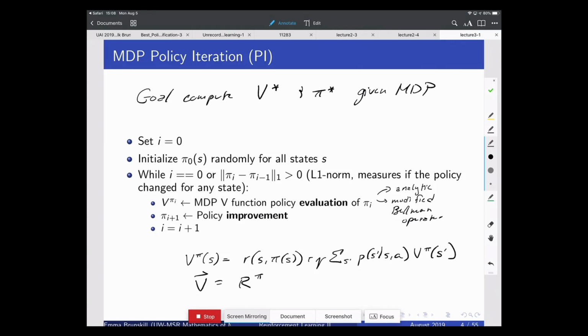So if you think about your reward as being a matrix of states and actions, if you select the columns that are associated with the policy that you're following, that gives you a reward vector. So you can write it in matrix form like this. And this is the transition model that's associated with only the entries for taking the action that follows the current policy.